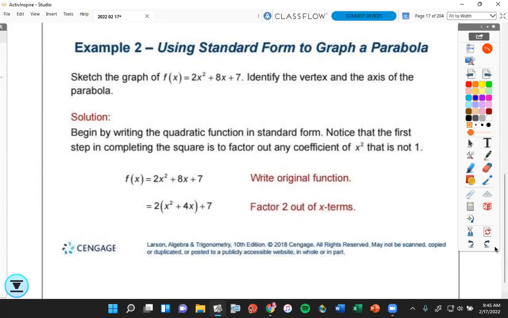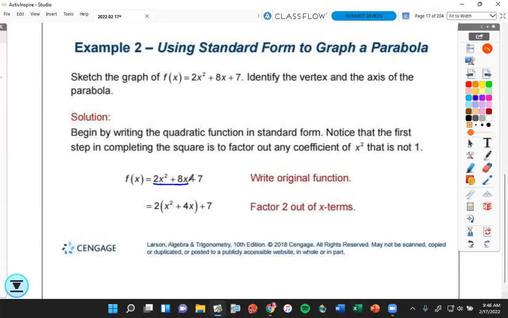So in order to complete the square, remember, a has to be 1. Well, the problem they gave me, a is not 1, is it? So to complete the square, I'm going to complete the square on the 2x² plus 8x. I'm going to ignore the 7 for now. To complete the square, what I have to first do is factor out the 2.